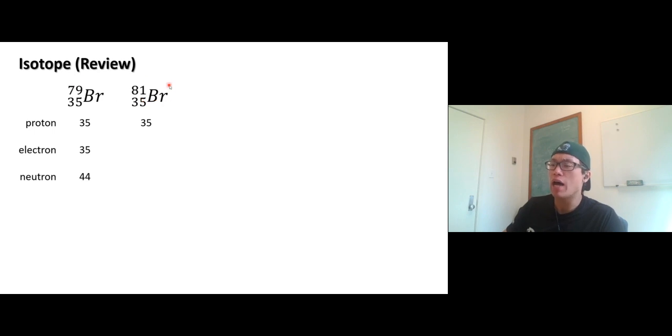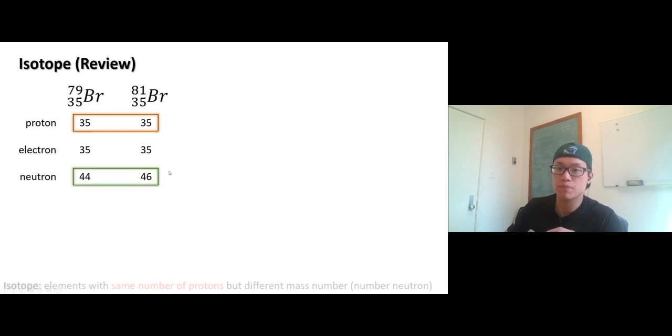The number of electrons is also 35 because this is neutral, and neutrons are 81 minus 35, which gives you 46. So an isotope is basically the same element, same proton, but different in neutron.